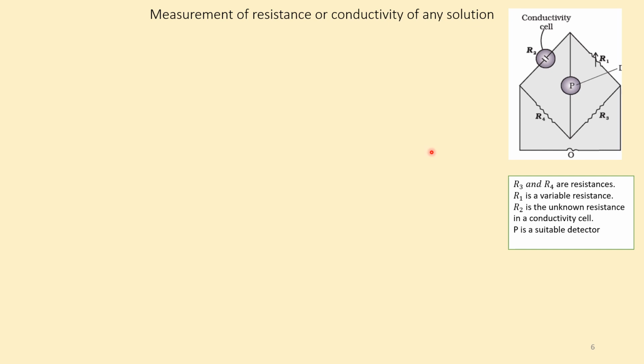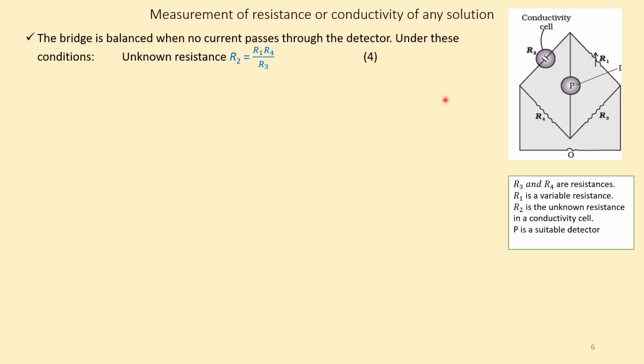When the bridge is balanced, that is, when no current passes through the detector P, the value of unknown resistance is given by R2 is equal to R1 into R4 by R3. Let it be equation 4.